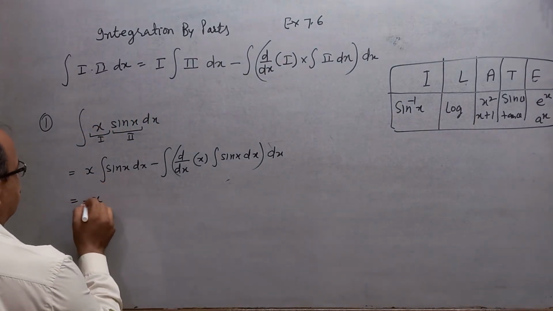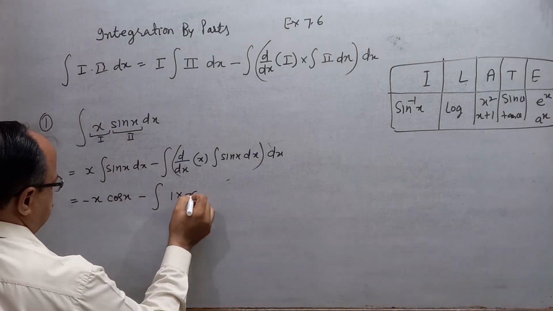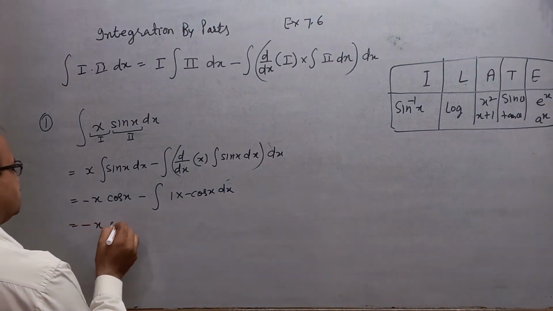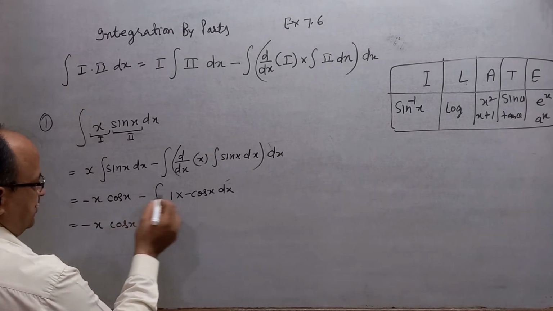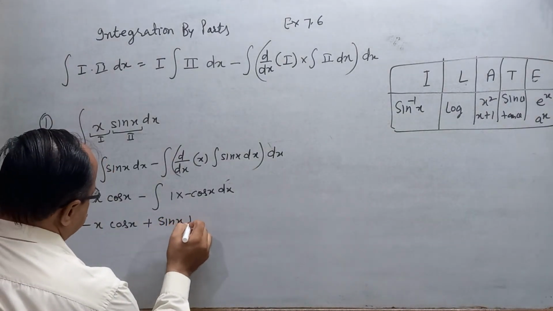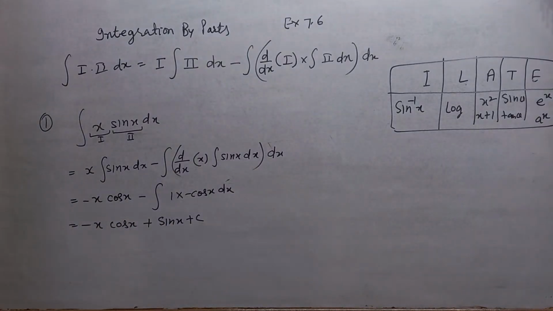Now integration of sine is minus cos, derivative of x is 1, so minus x cos x minus integration of minus cos x dx, that is minus x cos x plus sin x plus c. Clear? This is the solution of question number 1. Clear? In this exercise you can solve all the questions using these properties.